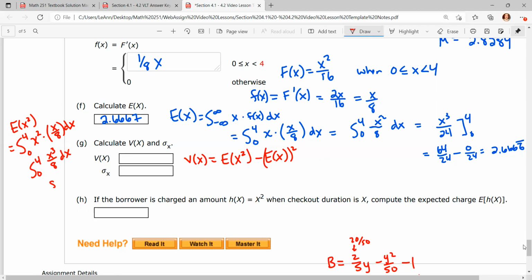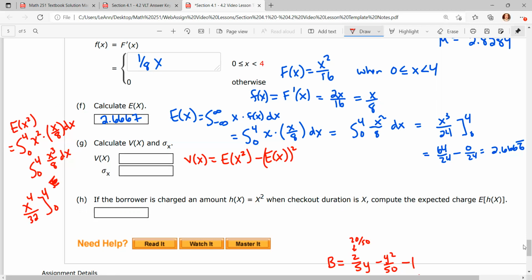That's going to be x to the 4th on top, over 3 times 8, which would be 24 still in the bottom. Wait, no, we're multiplying by 4, so 32. You have to add 1 to the power and then multiply the bottom by that new power. So that's going to be 32, from 0 to 4.